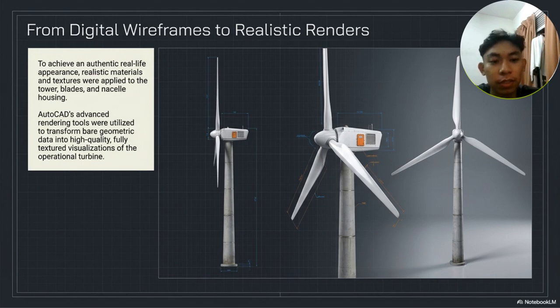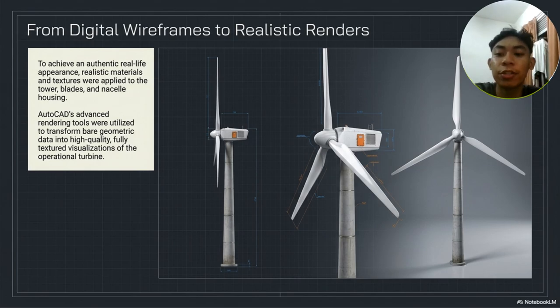You can see here the real turbine with our realistic renderings using NotebookLM. AutoCAD rendering tools transform the wireframe model into a visually realistic representation. This improves visualization and helps communicate the final design more effectively.